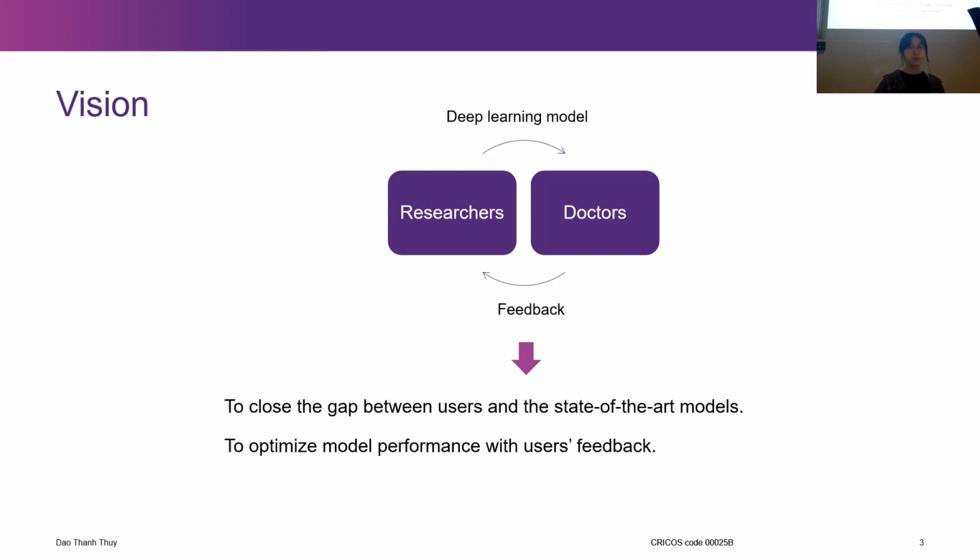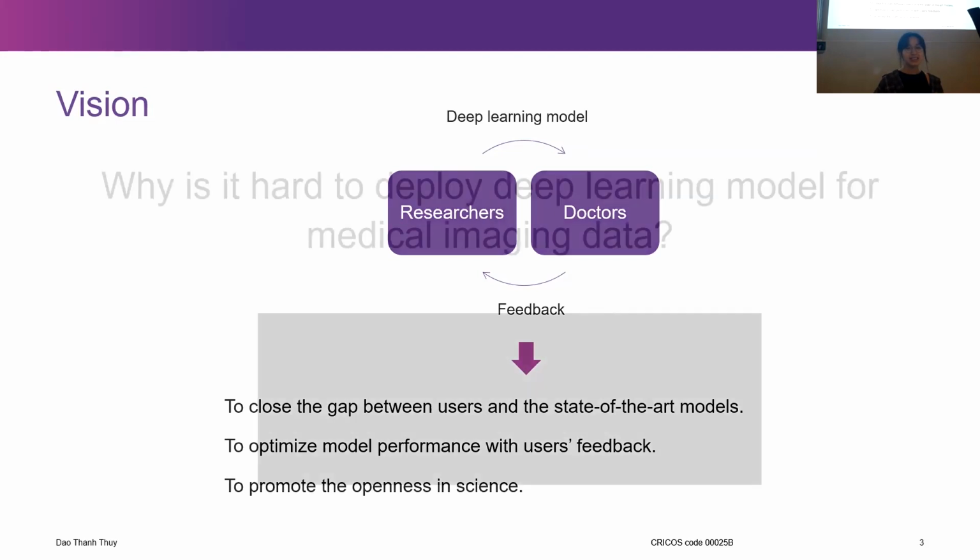It also optimizes the model performance with user feedback. So you're going to have feedback from doctors and clinicians directly because they're going to have the output from their side. And by that, we also promote openness in science.